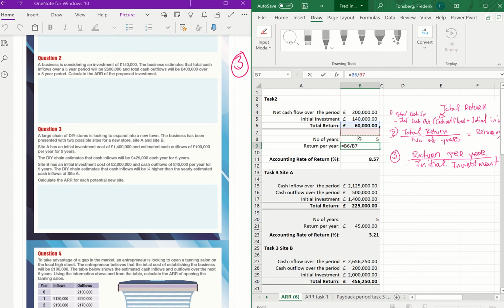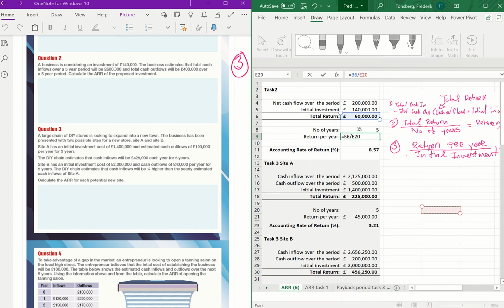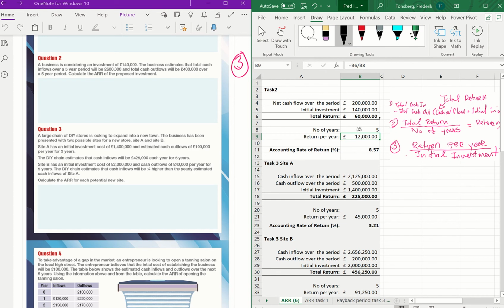And we're saying the total return is 60,000 divided by 5, and that gives us £12,000.